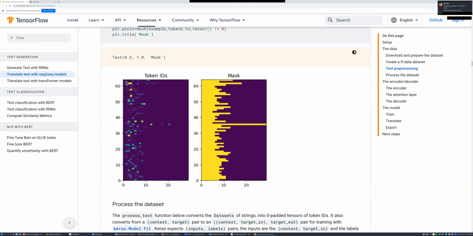Here it says, for example, you have multiple sentences. Each row in this picture represents one sentence, and each token we map into an integer. You can see this is the length of the first sentence. In this mask layer, the yellow part represents 1, the purple part represents 0. You can see the token part only goes to here, and the rest of them are all zeros.